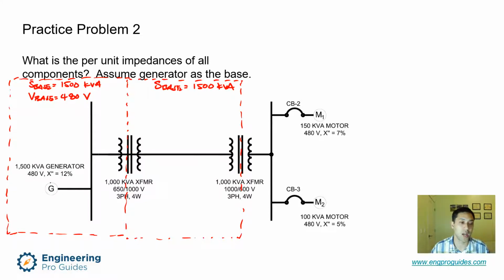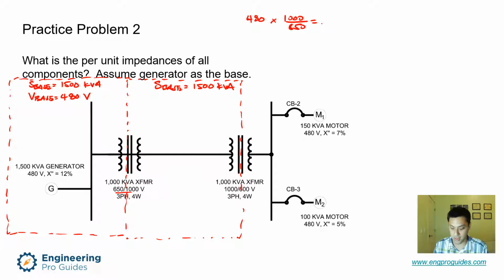Since we're starting on the primary side, we transform over given whatever transformers we see. We're given a 650 to 1000 volt transformer, so we're going to transform it over to the secondary. So 480 times 1000 over 650.